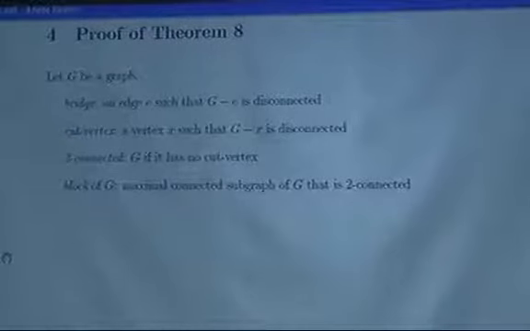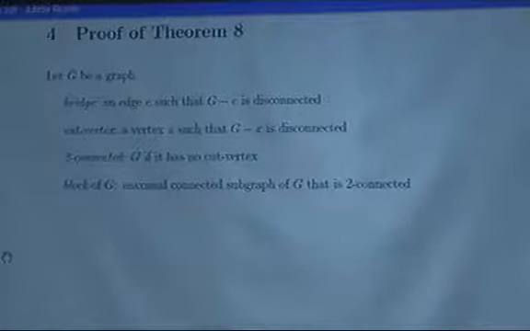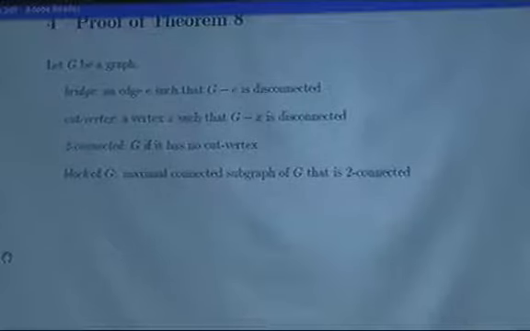When G is a graph, bridge is a cut edge. So if you subtract that edge, the graph is going to be disconnected. And cut vertex is a vertex. If you remove it, the graph is going to be disconnected. And G is 2 connected if it does not contain a cut vertex. That means you need to subtract at least 2 vertices to disconnect the graph.